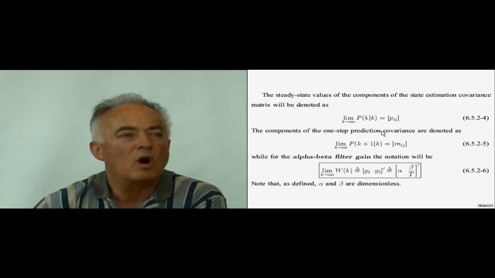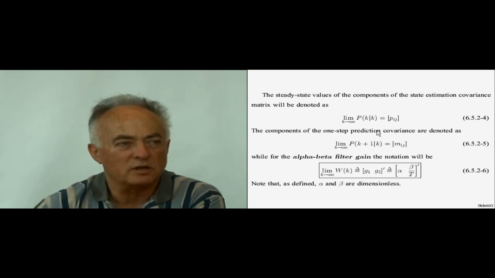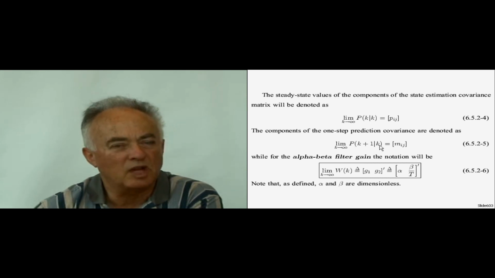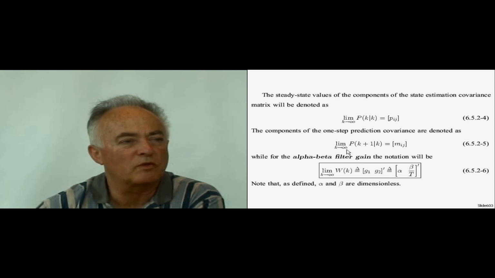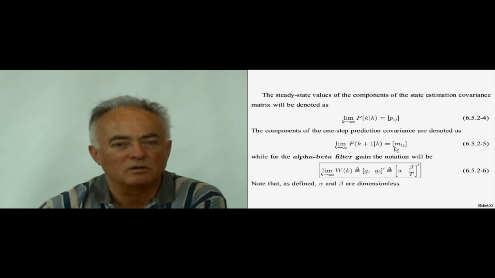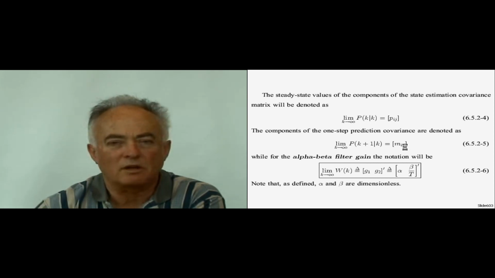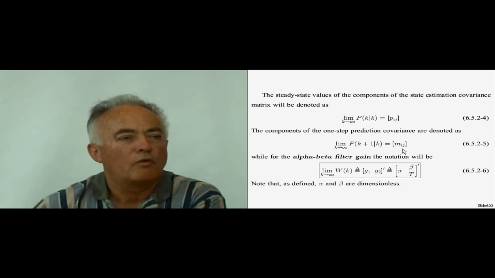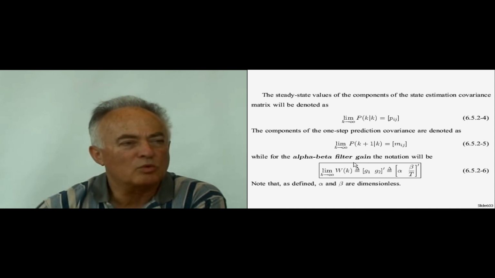We will have a one-step prediction covariance, P(k+1|k), same thing as P(k|k-1). As k goes to infinity, its elements will be denoted by m_ij. Again, there are three of them, so now there are six. The gain W(k) is denoted with components g1 and g2. It's a column vector, so we have a transposition here.